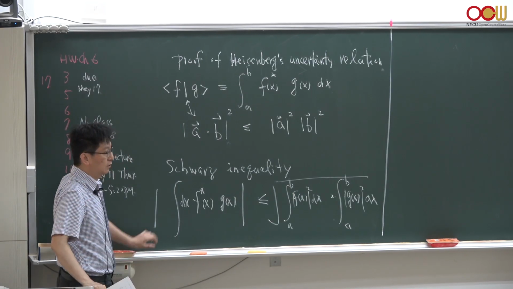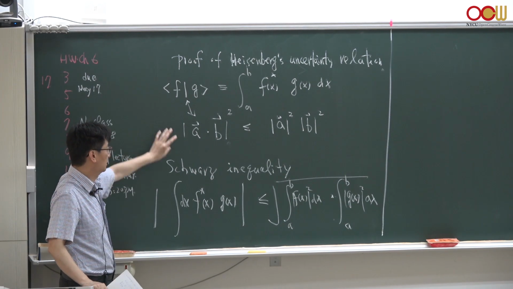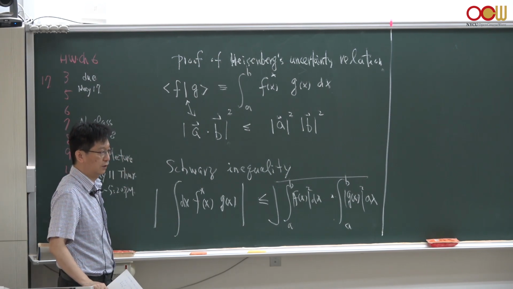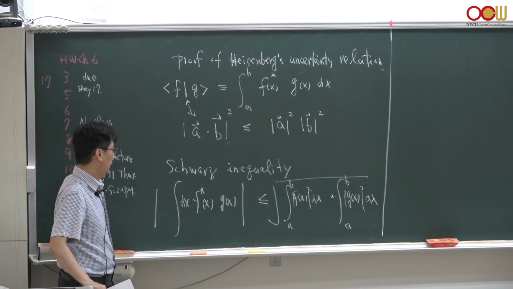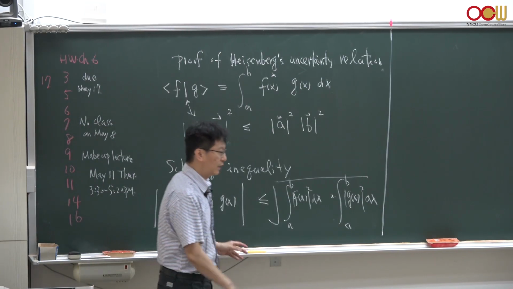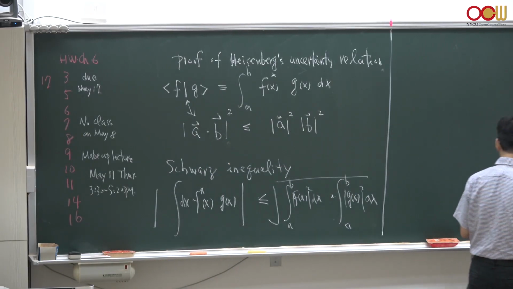If you take a square root, this is the corresponding inequality, which we call the Schwarz inequality. And later we'll define what f and g correspond to.